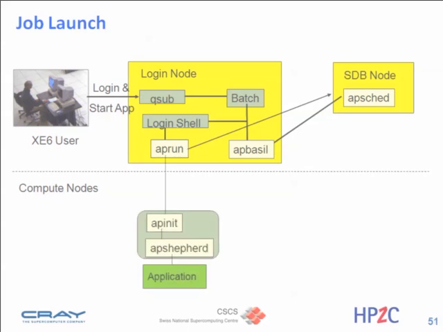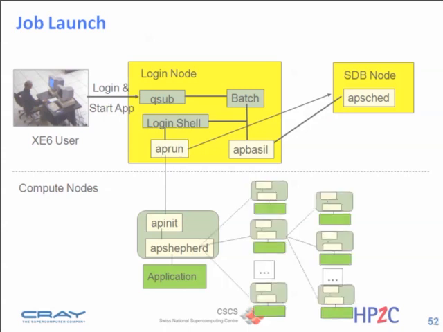Then what happens on the compute nodes that are chosen by this? So APRun is given a list of compute nodes that it should run on. The first of these nodes is where APRun transfers the executable. So the physical executable is sent to the first node in your compute partition, and then is distributed by the APShepherd component to all the other compute nodes.